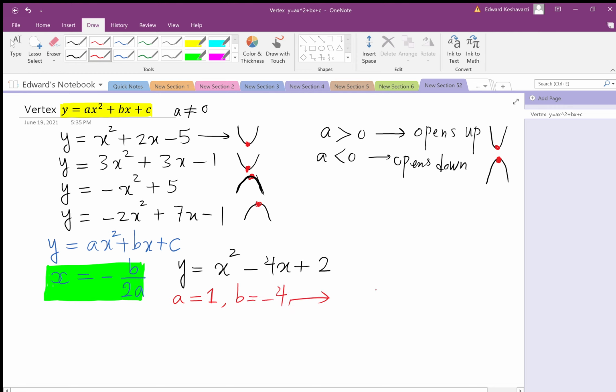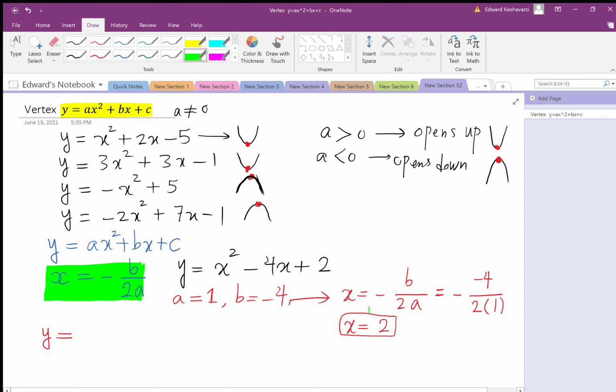Therefore, the x coordinate of the vertex would be negative b over 2a. I just copy the formula to be more comfortable with, right? So in this example, b is negative 4 and a is 1. Therefore, the x coordinate of the vertex would be 2. Now, I plug in x equals 2 to see what is the y value.